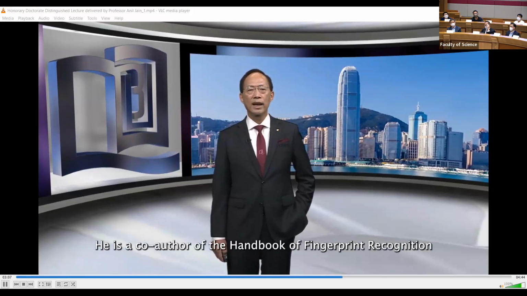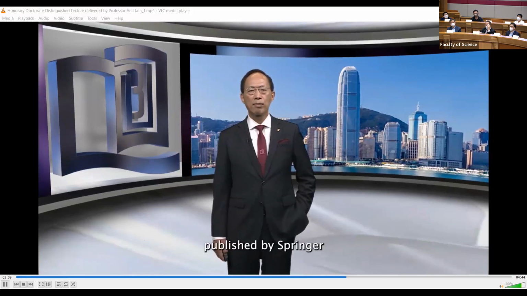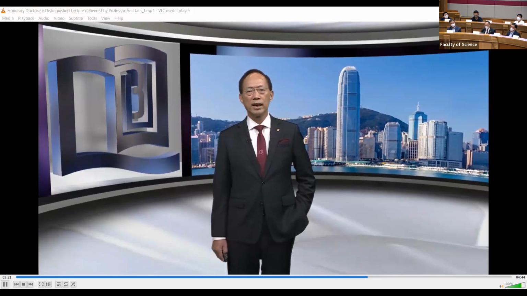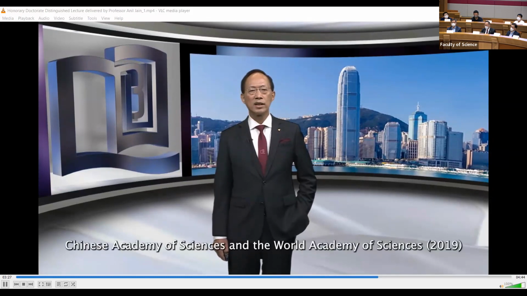He's a co-author of the Handbook of Fingerprint Recognition, published by Springer in the 2003, 2009, and 2022 editions. Professor Jain was also elected to the U.S. National Academy of Engineering and the Indian National Academy of Engineering in 2016, and the Chinese Academy of Sciences and the World Academy of Sciences, both in 2019.